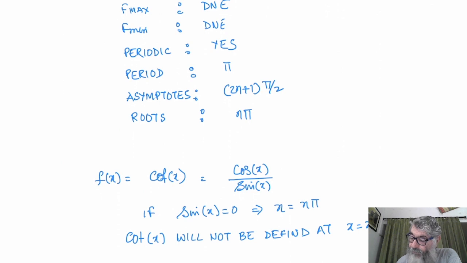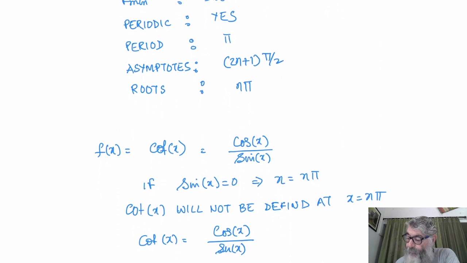But suppose cot x is cos x upon sin x, take cos pi by 2 upon sin pi by 2. Cos pi by 2 is 0, sin pi by 2 is 1.